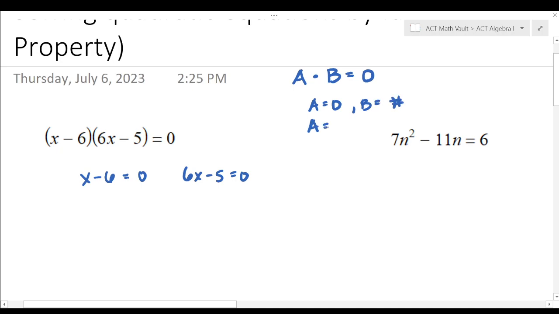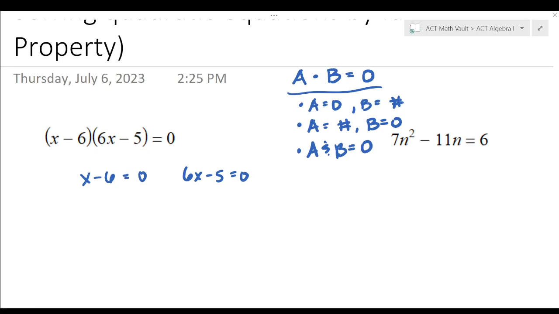We have a could be a number and b could be 0, or a and b both equal 0 as our three situations here.